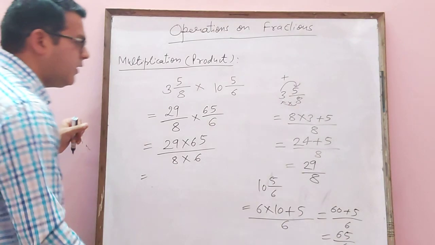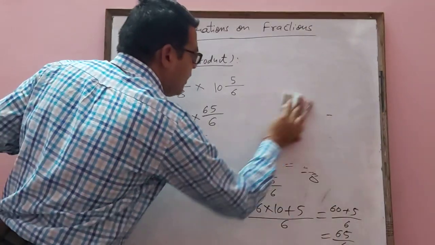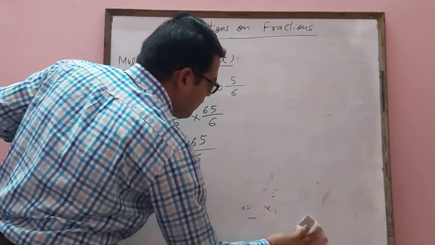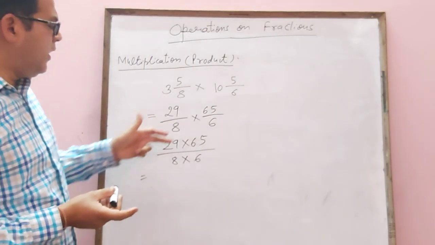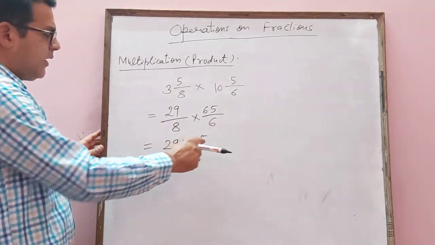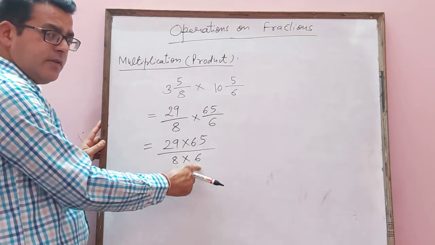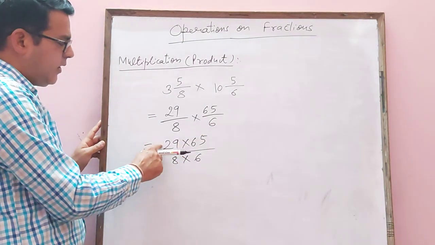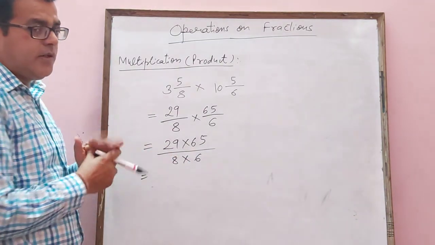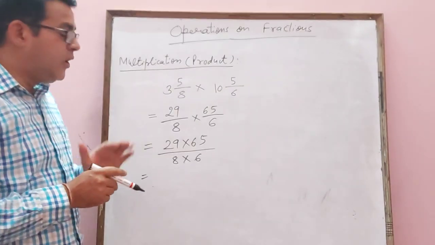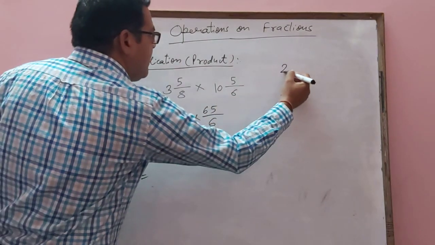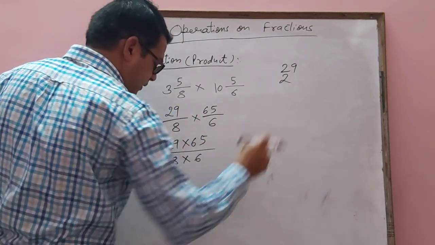Got it? Now you can see there is nothing common between any of the terms: 65 and 6, 65 and 8, 29 and 6, 29 and 8. It means we can't simplify it. So we have to multiply 29 with 65.